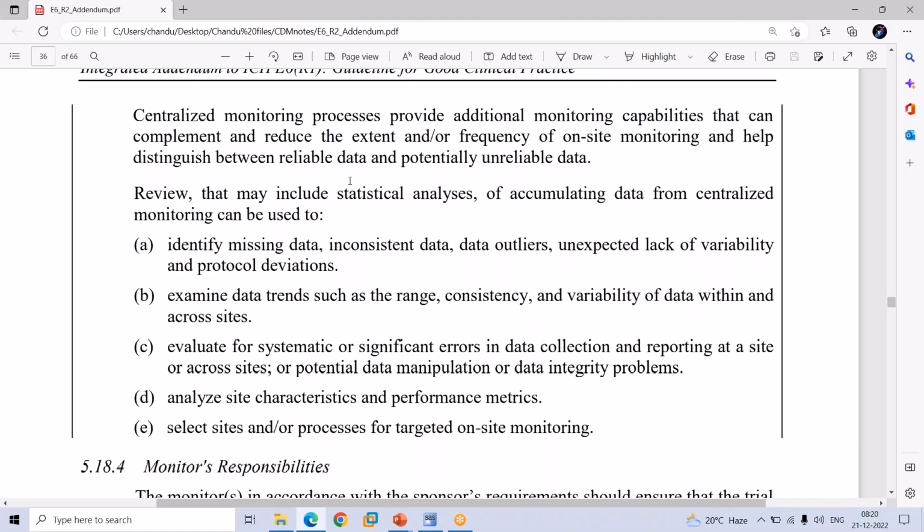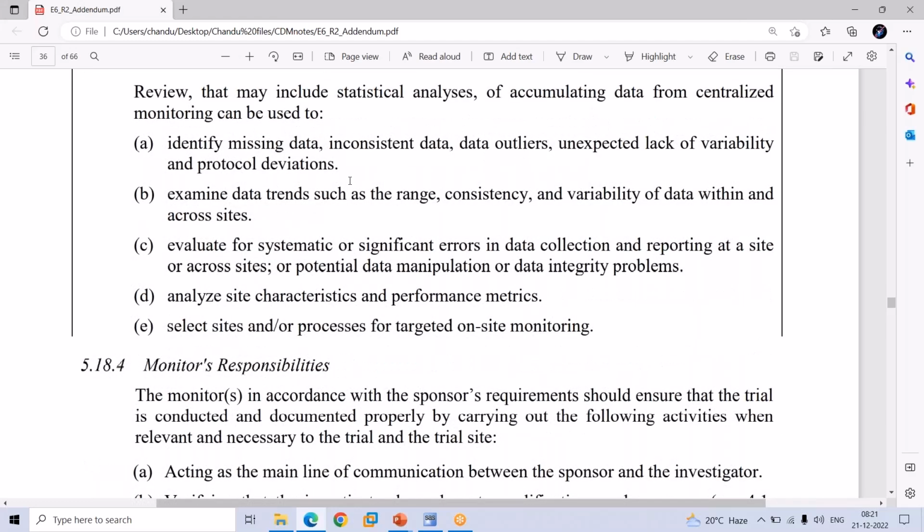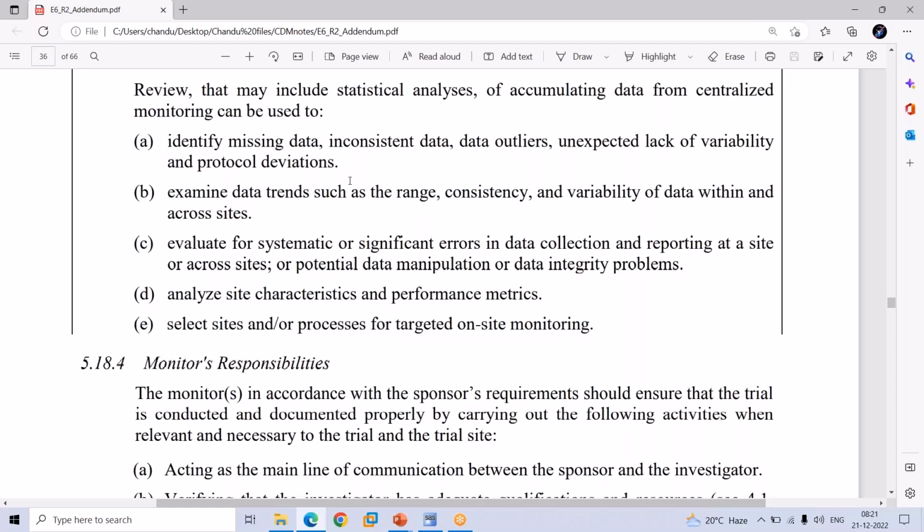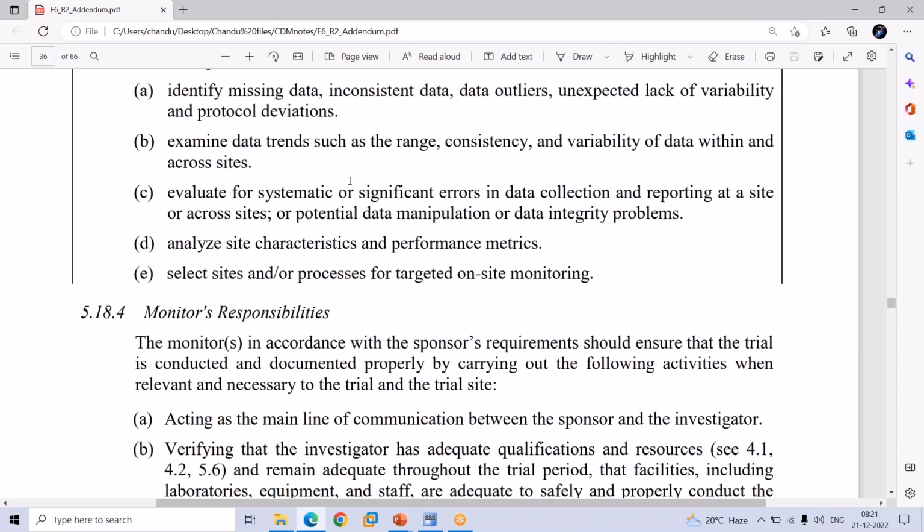Examine the data trends like range, consistency, and variability of data within the sites and across the sites. Evaluate for systematic, significant errors in data collection and reporting at the site and across the sites. And analyze site characteristics and performance metrics. Select the sites for targeted site monitoring, on-site monitoring.